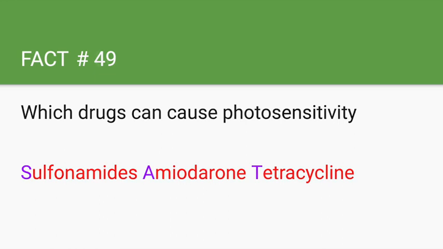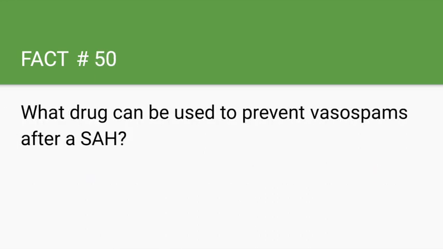What drug can be used to prevent vasospasms after a subarachnoid hemorrhage? Nimodipine. This is a calcium channel blocker, and there are many high-yield facts for subarachnoid hemorrhage.